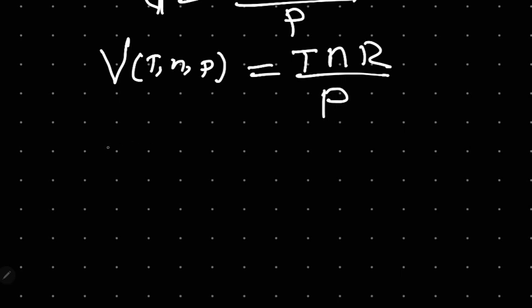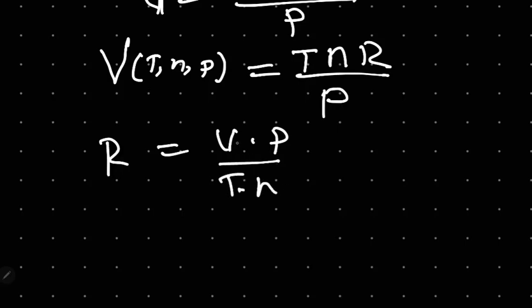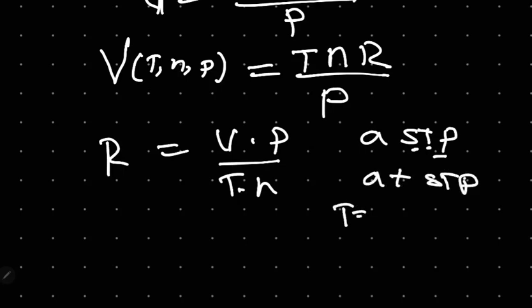The universal gas constant R is calculated from this, volume times pressure divided by temperature times N, by considering the values of volume, pressure, temperature, and the number of moles at STP, standard temperature and pressure. At standard temperature and pressure, the value of temperature is 273.15 Kelvin.